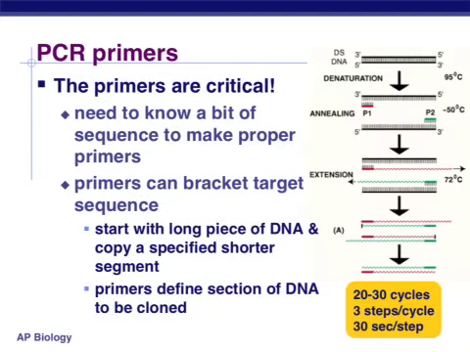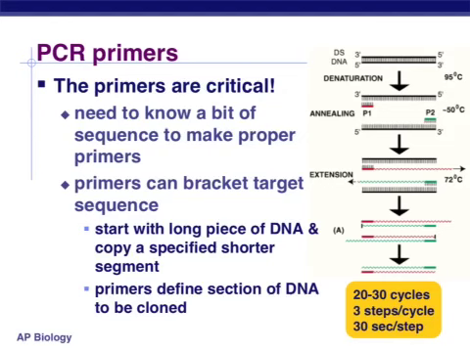Okay. Now, one of the most important parts of this whole process are the primers. If the primers are not right, you're not going to get a good workable piece of DNA. So in order to have a primer, it means that you need to know a little bit of the sequence of the piece of DNA that you're using, if it's AATC or CCTG or whatever that sequence is.